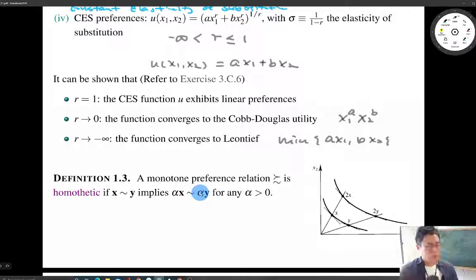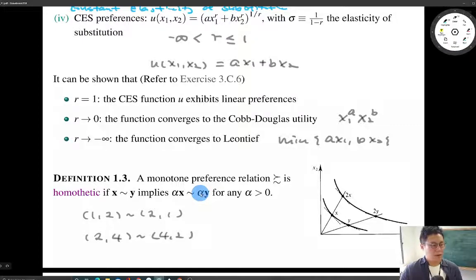That means if we compare (1,2) and (2,1), and suppose they are indifferent to some consumer, then with a homothetic preference relation (2,4) and (4,2) are also indifferent, and (3,6) and (6,3) are also indifferent.